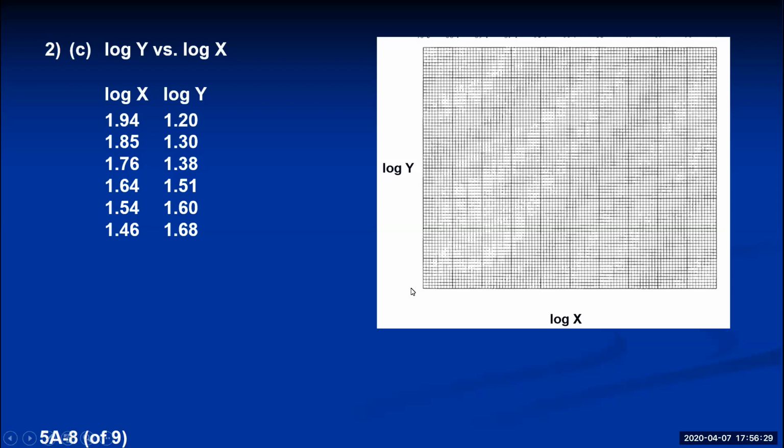I can actually start this as 1 if I want and go 1.1, 1.2, 1.3, 1.4 like that, if I can fit all my points along here, and the same thing on the x-axis. So what I'm going to do is start, the bottom value is 1, and make each major division a 0.1. On the x-axis, I'll do the same thing, and now I can actually maximize the amount of space on the graph I'm using. So the first point, coordinate pair, 1.94 and 1.20 would plot here.